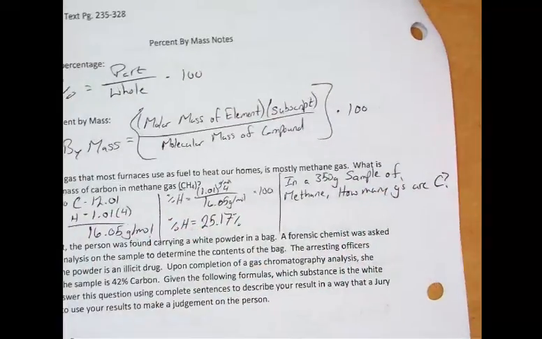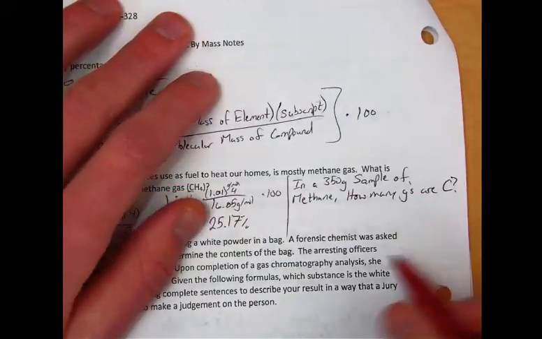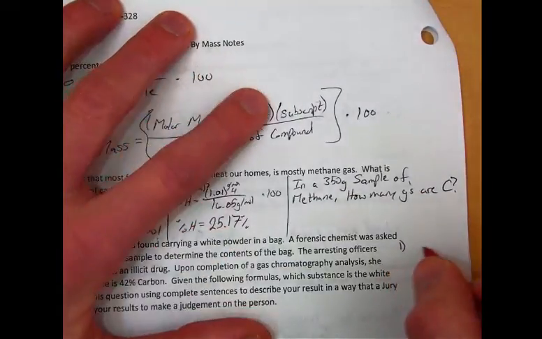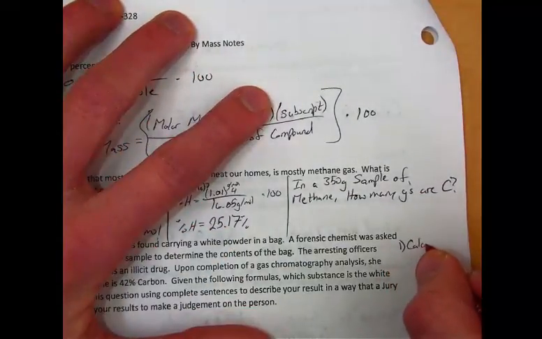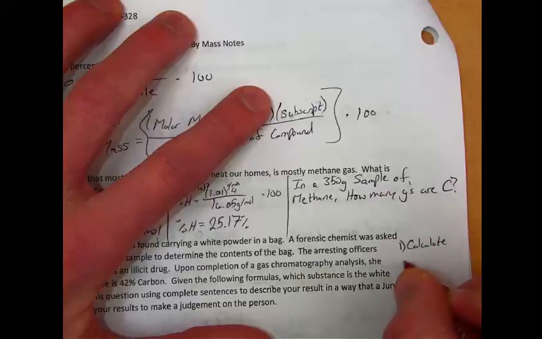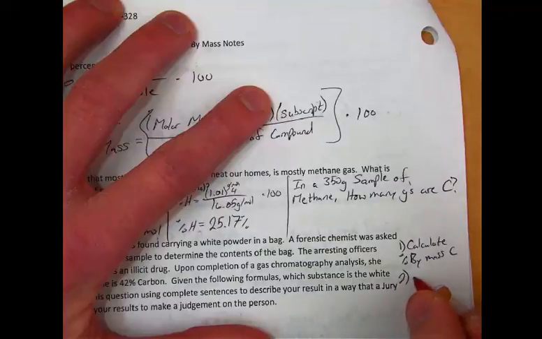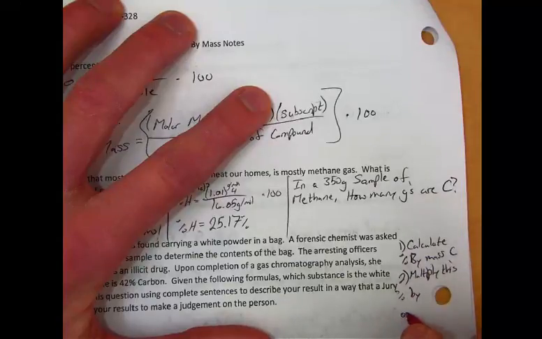Okay, in order to answer this question, we have a couple of steps. Step one is to calculate our percent by mass of carbon. Step two is just to multiply this percentage by our sample.